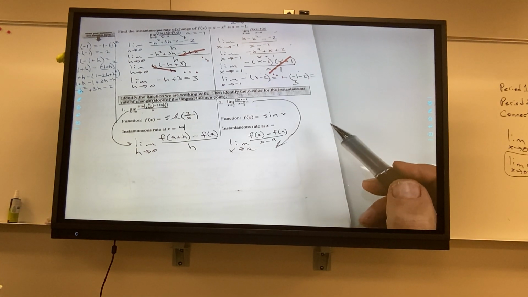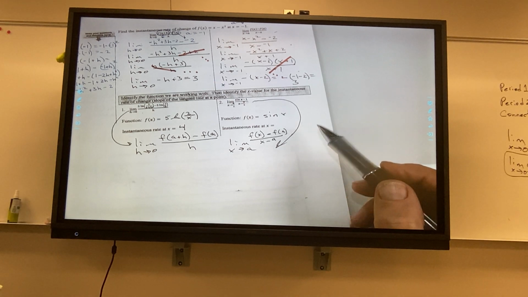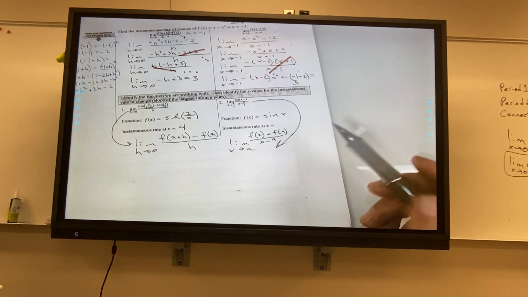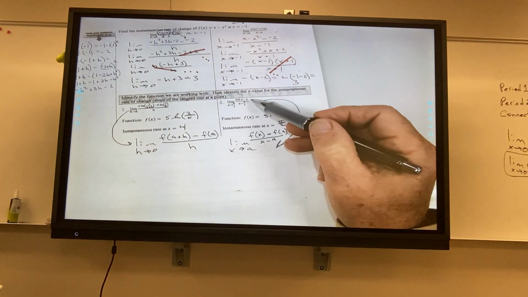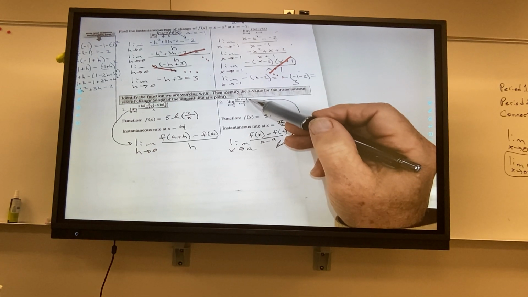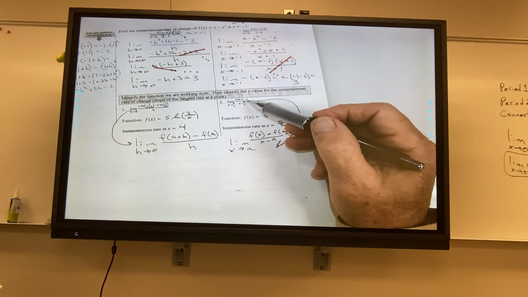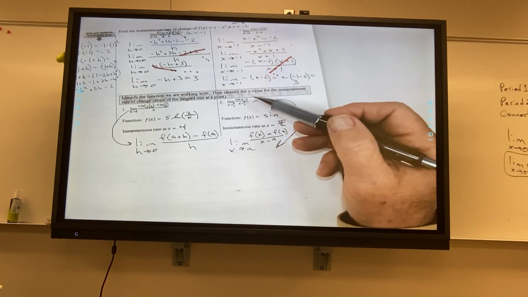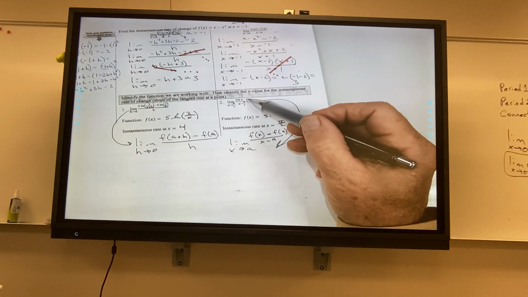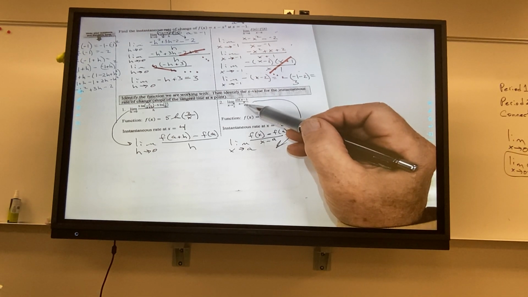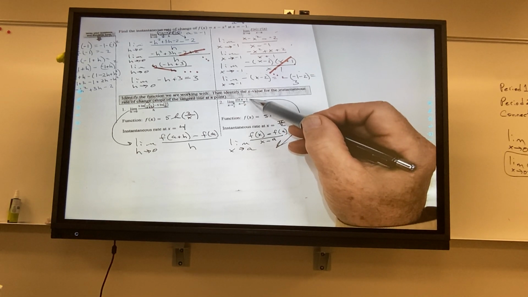So what does a have to be? 1. No. Pi over 2. What is this 1? The sine of pi over 2. Is it 1? By God, it is! It's not 0, right? Here's f of a, here's a. A is pi over 2, the sine of pi over 2.